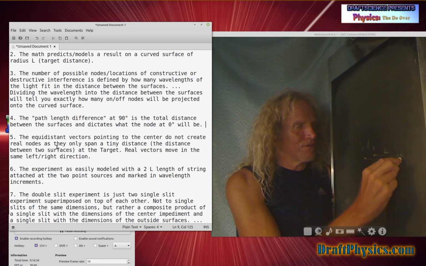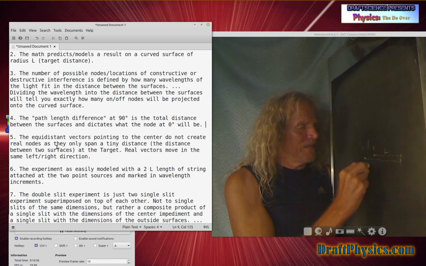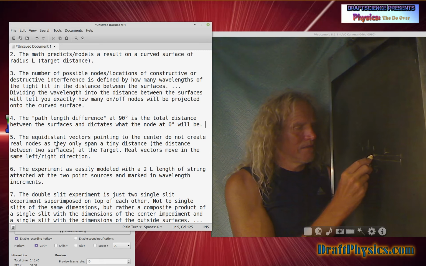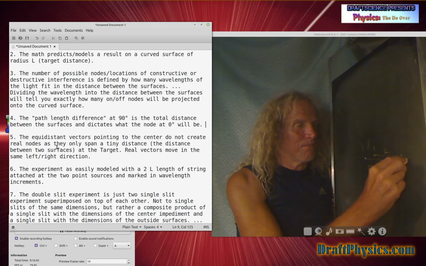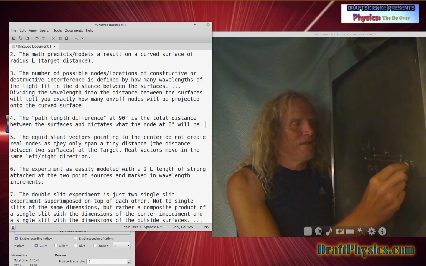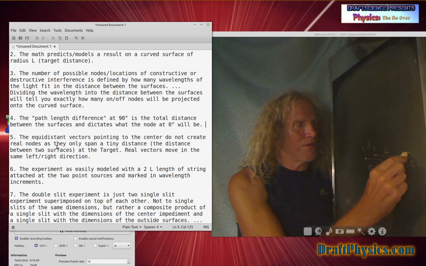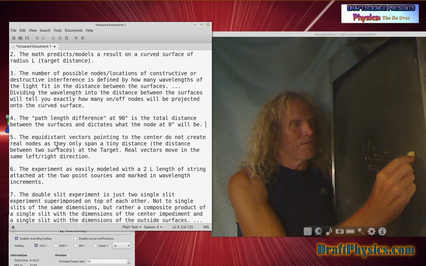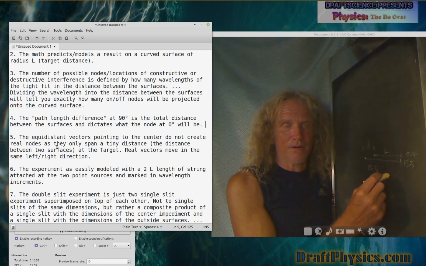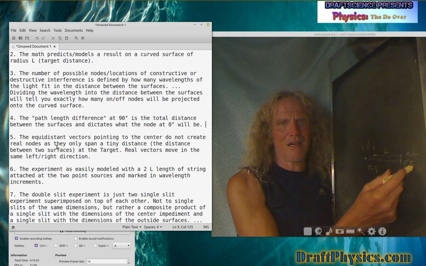That's how much longer it's going to be. So if there's 15.5 wavelengths in that distance, this one's going to be 15.5 longer, and 15.5 would be an off. So we would know this is an off. And if it was a whole number, then we know it's an on.